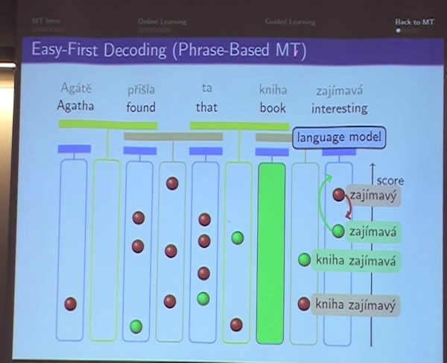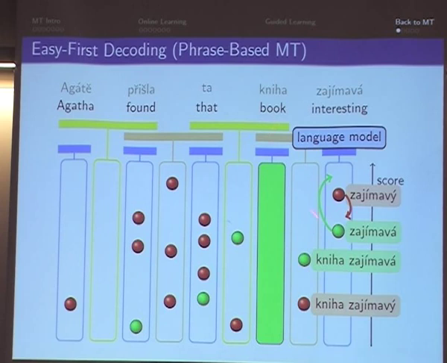And what's interesting here is that we can use the language model. We have translated this word book, and it's neighboring with interesting. So the translations of interesting will have their scores changed.